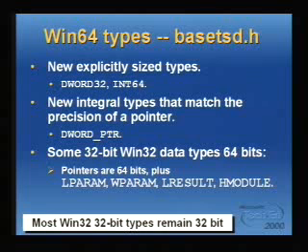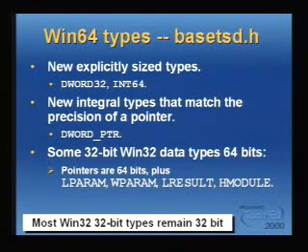Examples are DWORD32, where you're explicitly saying you want this to always be 32 bits, or INT64, which is just the inverse: I explicitly want a 64-bit integer. The polymorphic types end with the suffix _PTR. So here I'm saying I want a DWORD the size of a pointer, which usually would be a place you would point to a DWORD. And that compiles to 32 bits in Win32, and it compiles to 64 bits in Win64.